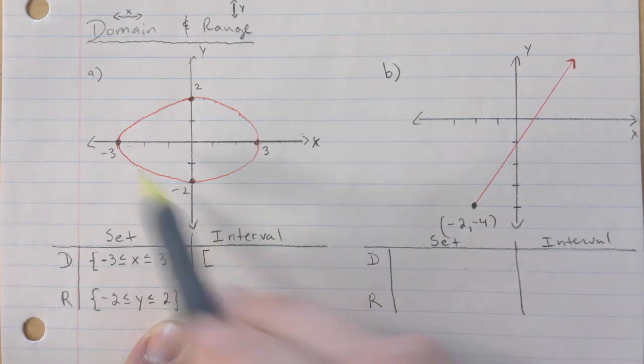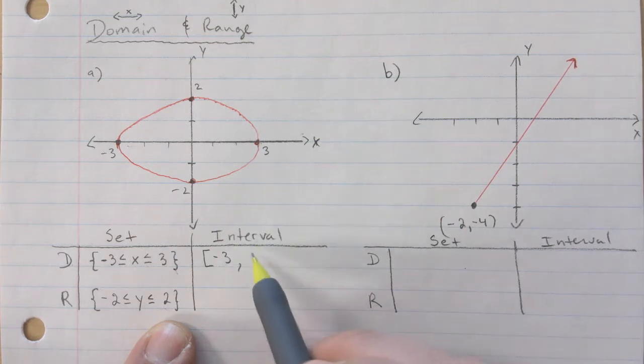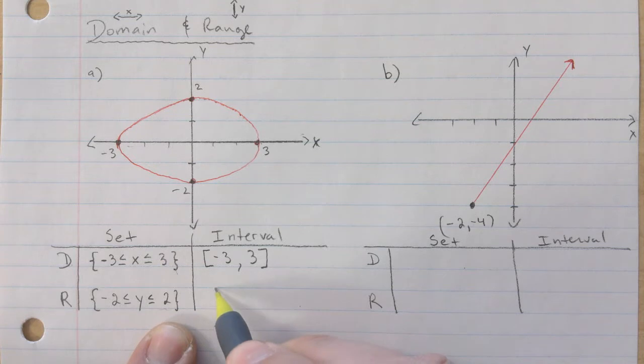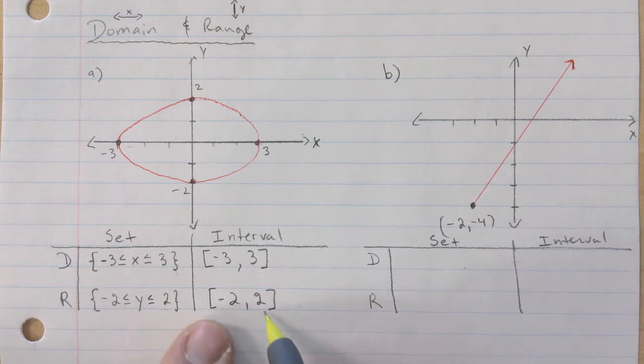So for domain, we're going from -3 to +3. No need to include the variable. That's why a lot of times I suggest you just stick with the interval notation. Okay, and then you go from -2 to +2 like this, right?